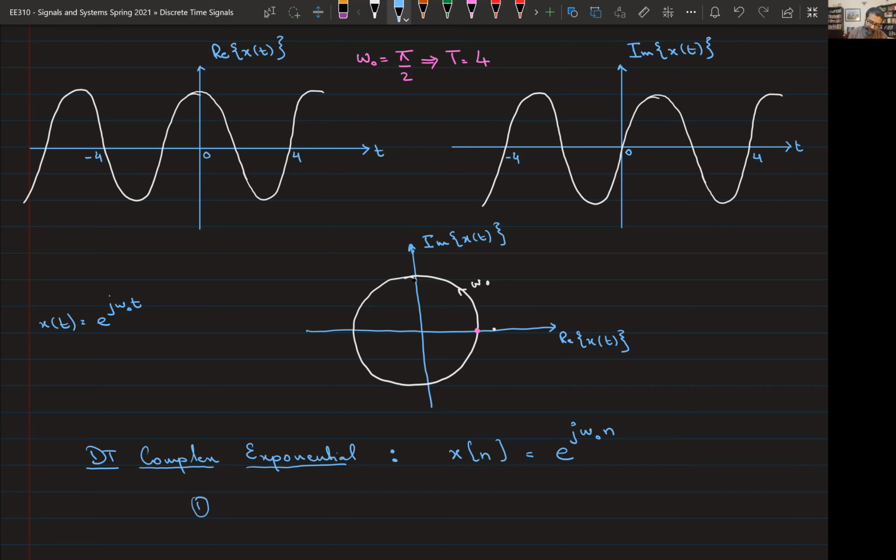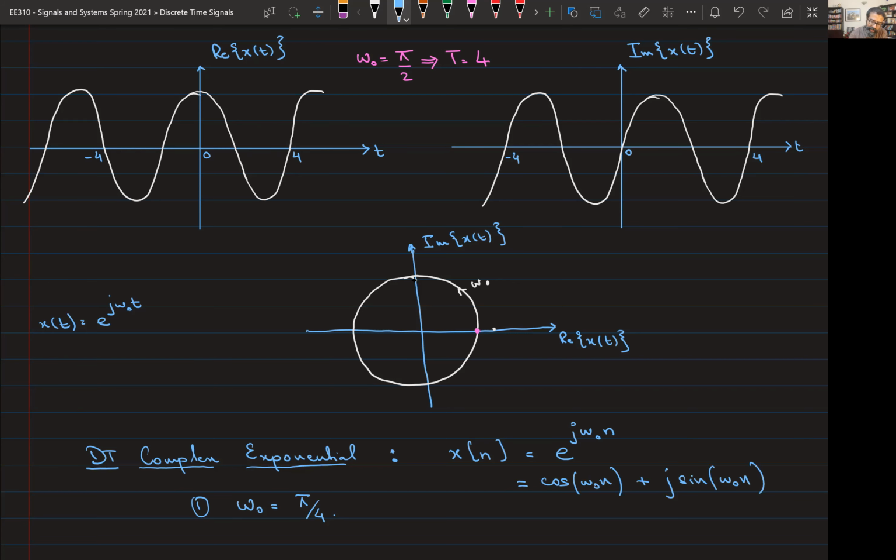So let's first of all try to see the case omega naught equals pi by 4, वाली जो हमने निकाली भी हुई है, right? So then what does the discrete time signal look like, the real part of it and the imaginary part of it? I'm going to use the pink color to depict the discrete time exponential. Clearly this is cosine omega naught n plus j sine omega naught n.